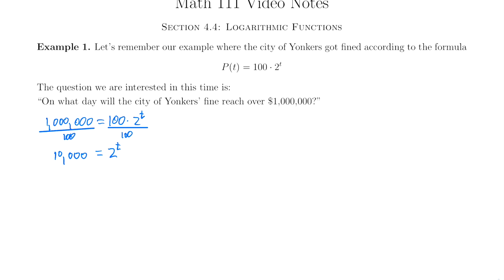And so here we are just simply going to define something. We are going to define that t is this new thing called logarithm, log, to the base 2 of 10,000.